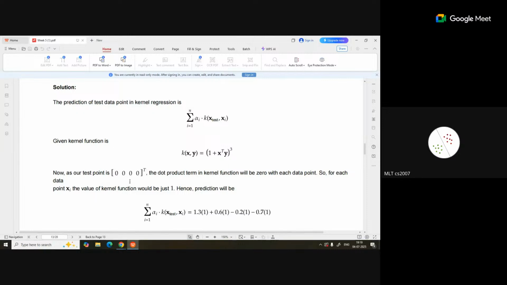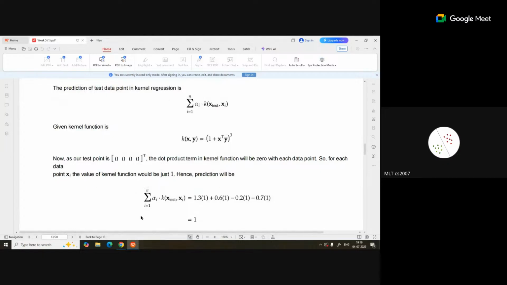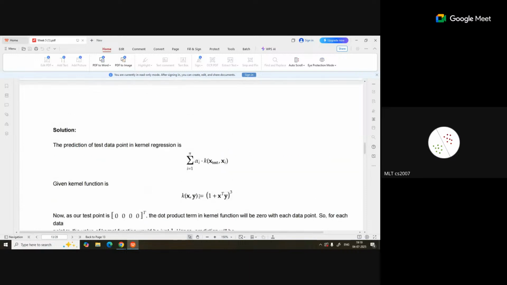Our test point is 0 0 0 0, so every time the dot product is 0, and 1 cubed is 1. That's why it is 1 everywhere, and the alphas are this vector.